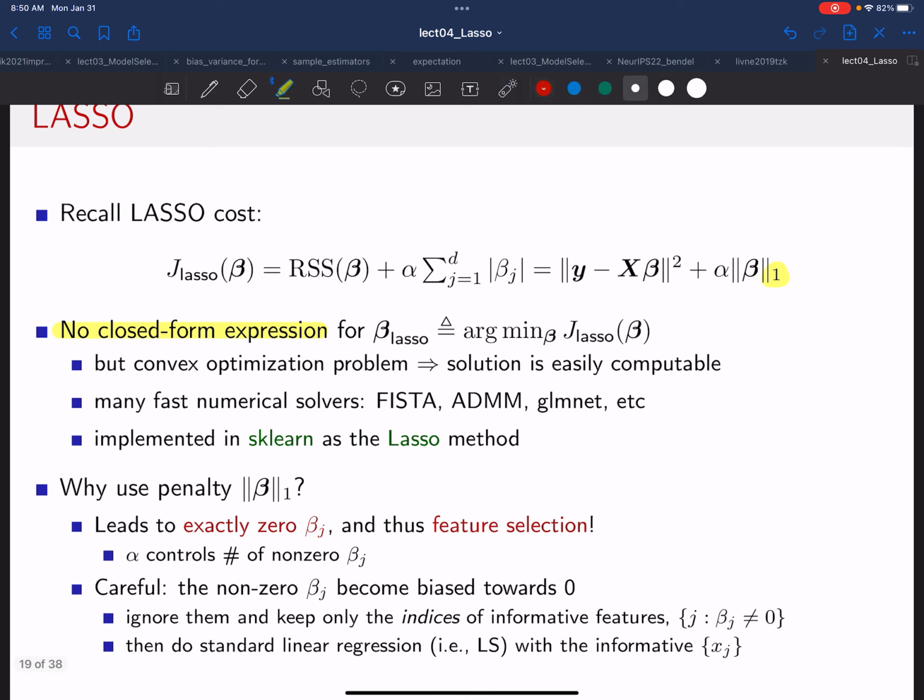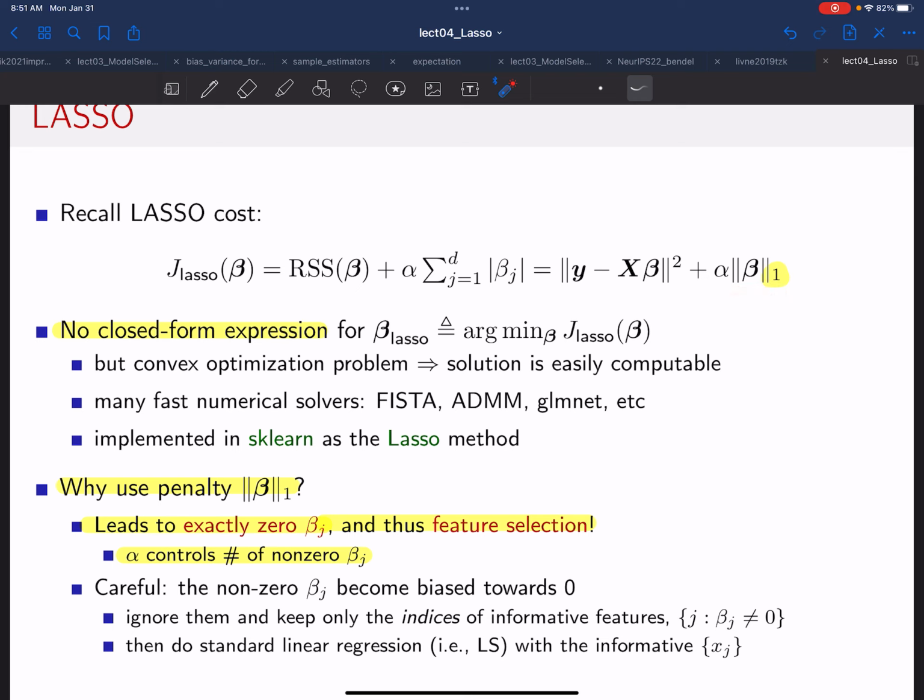Okay, so what do we get from this additional computation? Well, as we'll see, it leads to exactly zero-valued coefficients, and thus it performs feature selection. It tells us exactly which features it thinks we should not use. And as we'll see, the number of non-zero features is controlled by alpha. If you look at this cost, you can see the larger alpha gets, the more you care about setting the absolute value to 0. So larger alpha means more of these betas will be exactly 0.